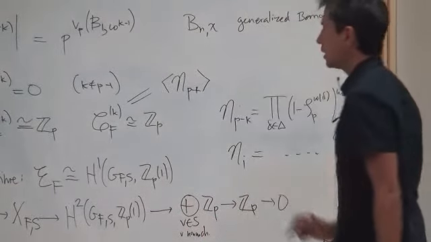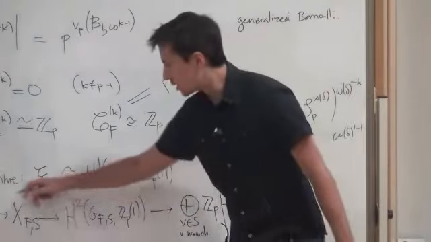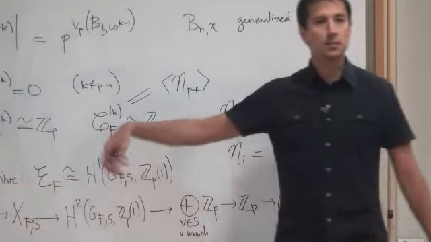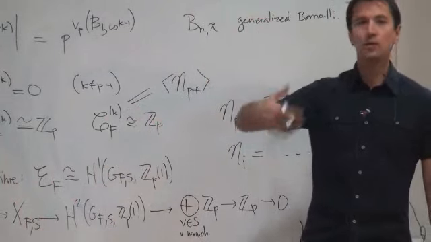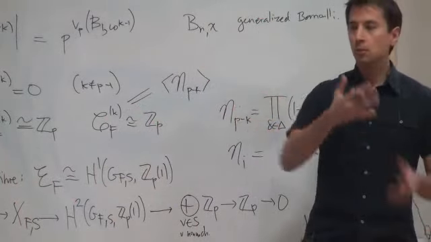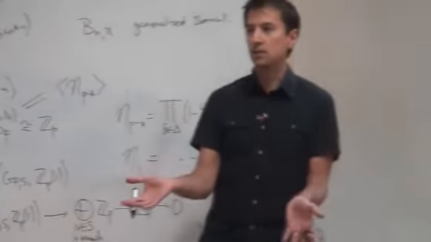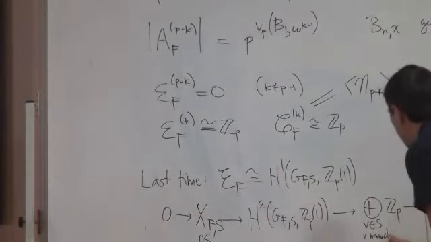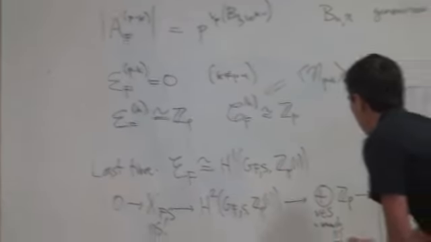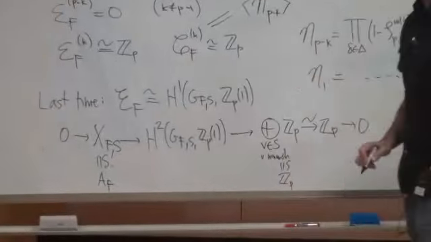So last time we had this. But in this case, this is the p part of the class group modulo the primes in S. A prime in S is principal, generated by 1 minus zeta_p, so modding out by that element doesn't change the class group. So this is just A_F. And now we only have one prime in our set, so this is just Z_p, and this is an isomorphism.